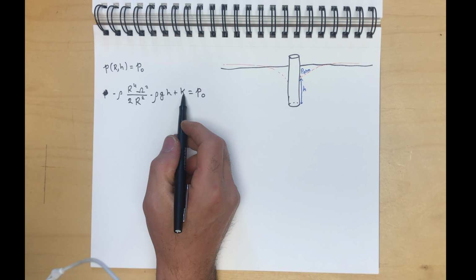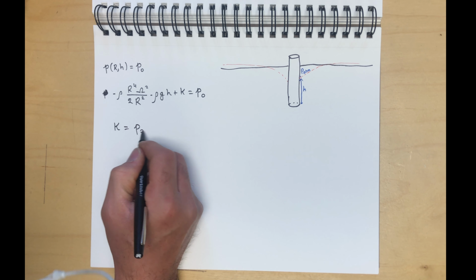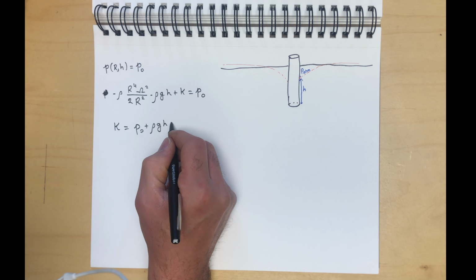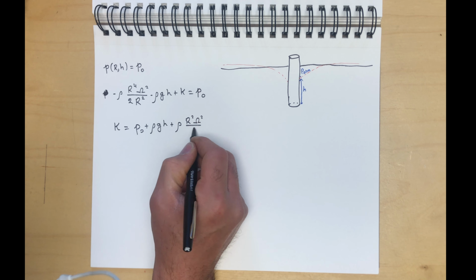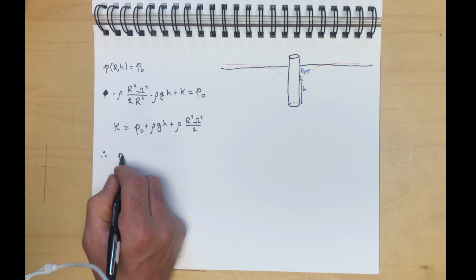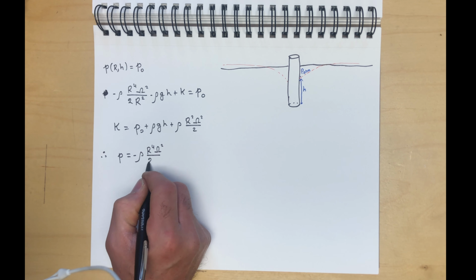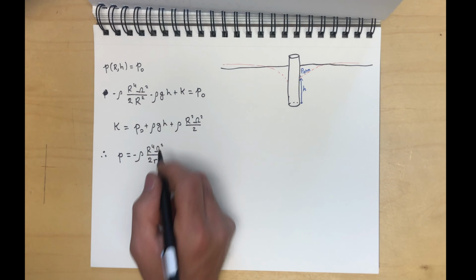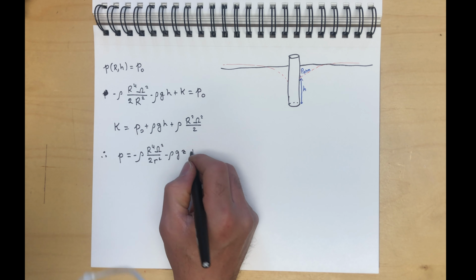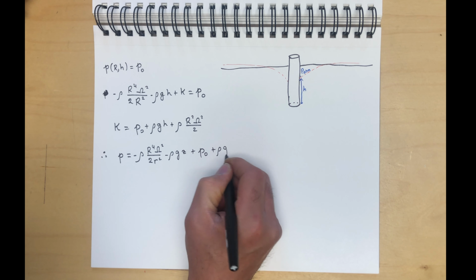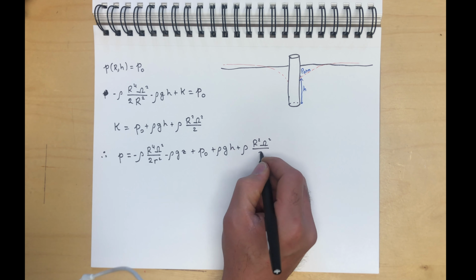That should allow us to obtain K. In other words, K will be equal to P0 plus rho gh plus rho R squared omega squared over 2. Therefore P is equal to minus rho R to the fourth omega squared over 2 R squared, minus rho gz, plus K, which is P0 plus rho gh plus rho R squared omega squared over 2.